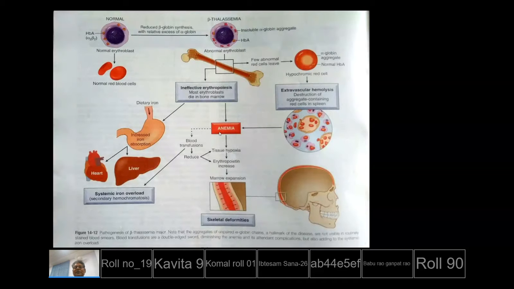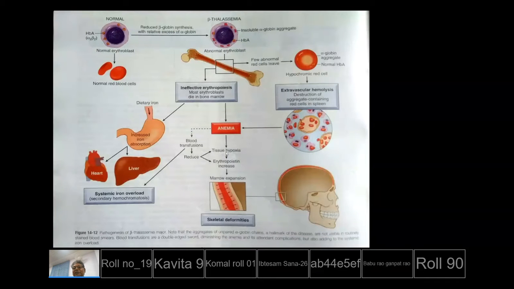When the patient is suffering from anemia, you give blood transfusion, and that leads to systemic iron overload. That leads to secondary hemochromatosis. And there is tissue hypoxia and increased erythropoiesis.